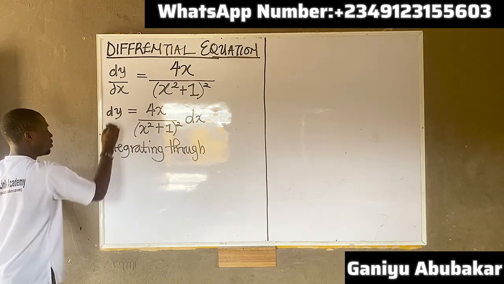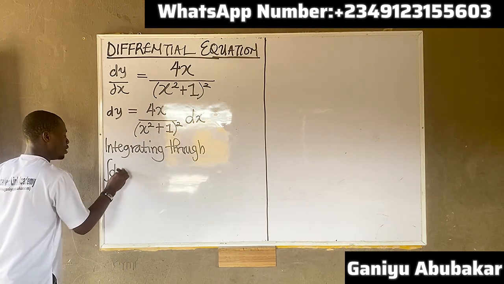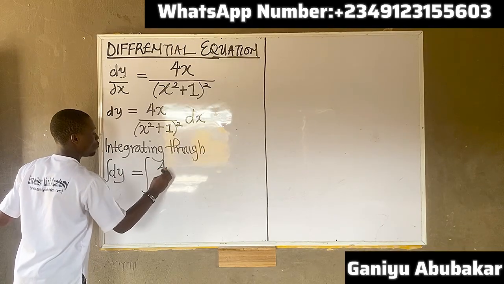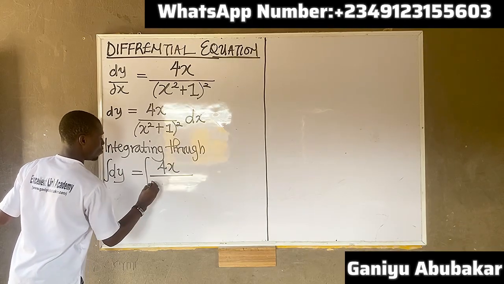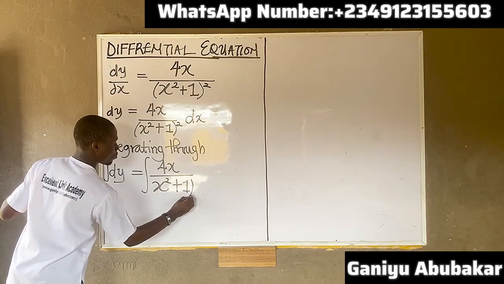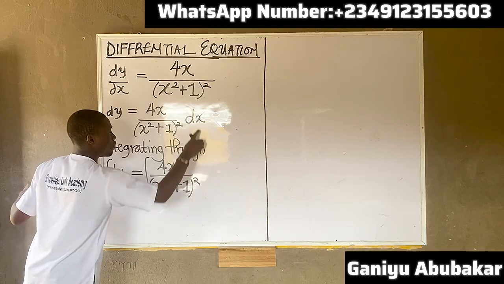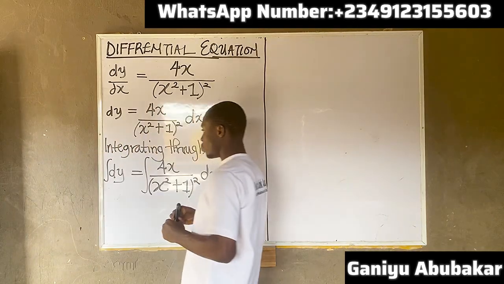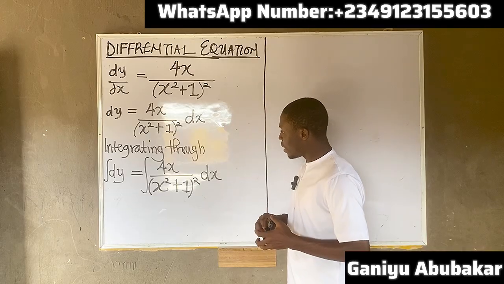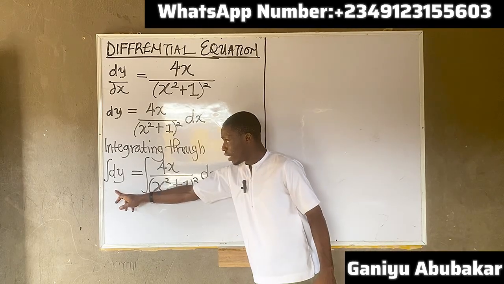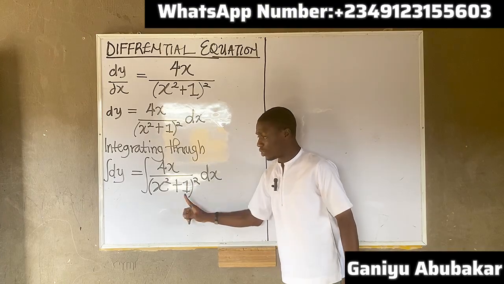That gives you the integral of dy is equal to the integral of 4x all over (x squared plus 1), of course, all squared with respect to x. All right, so I have this one here. My next task here is to integrate this one here and also integrate this one here.